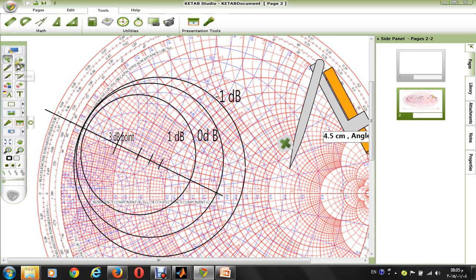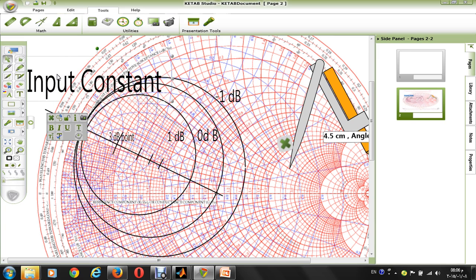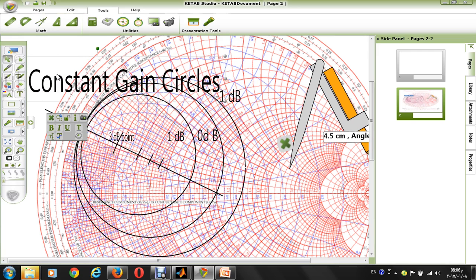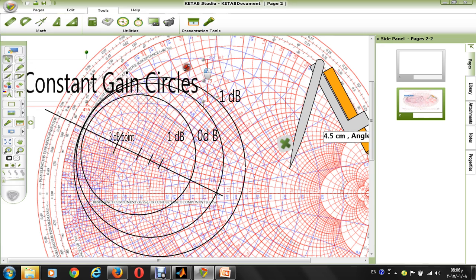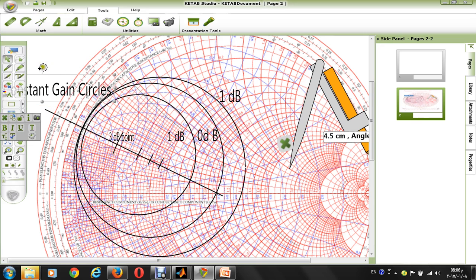Okay, I can write here, input constant gain circles. Make it smaller to make it appear.